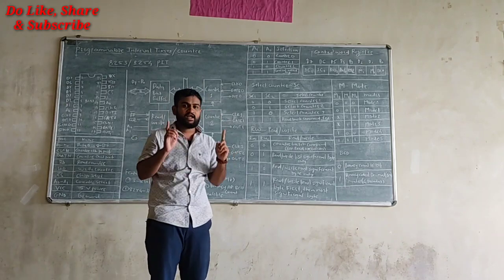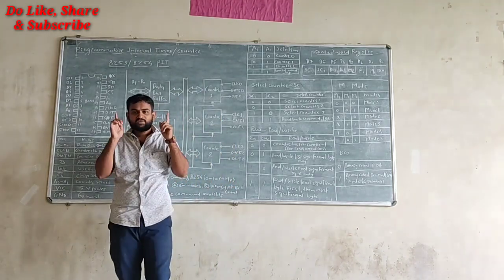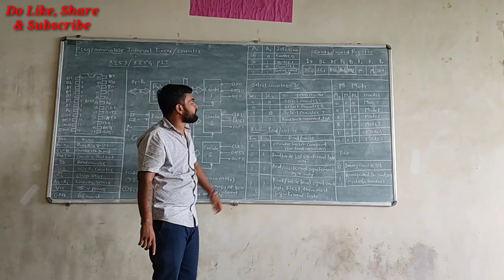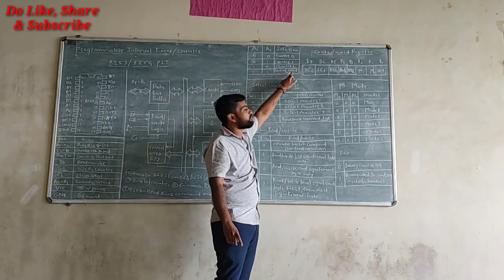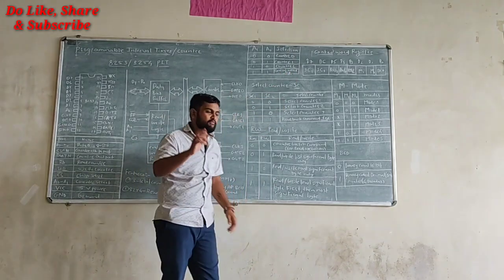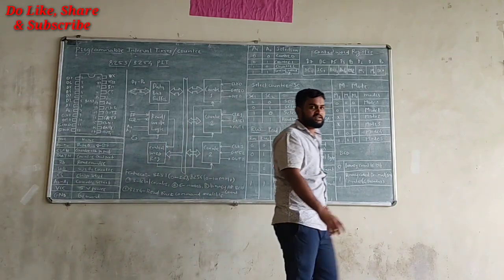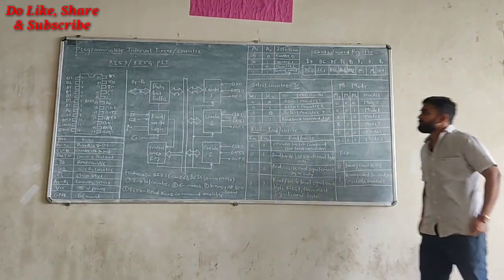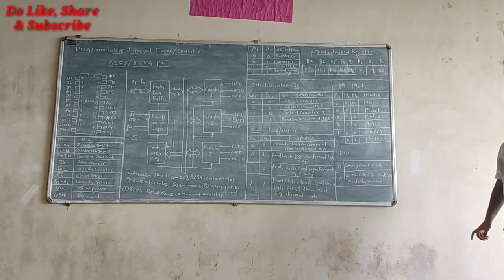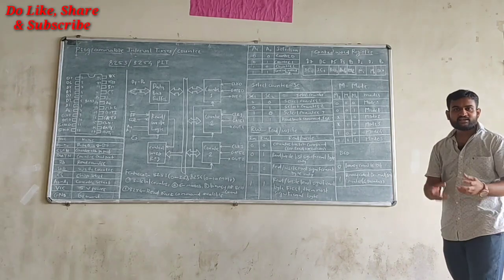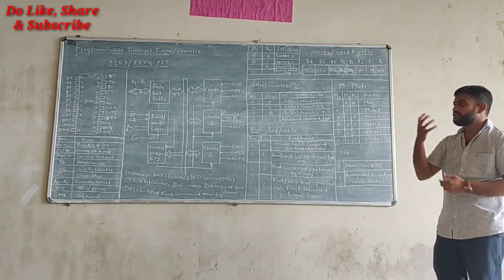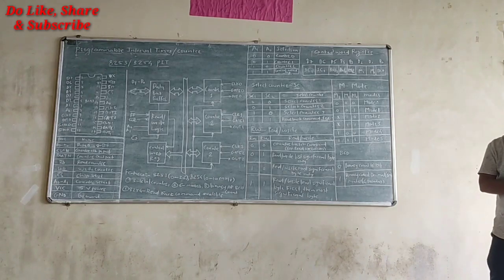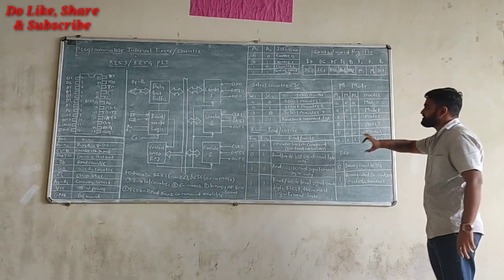And if both the values of A1 and A0 are 1, at that situation we are going to select the control word register. So why do we have to select the control word register? It also plays a very important role in your PIT IC for selecting the modes of your 8253 PIT.